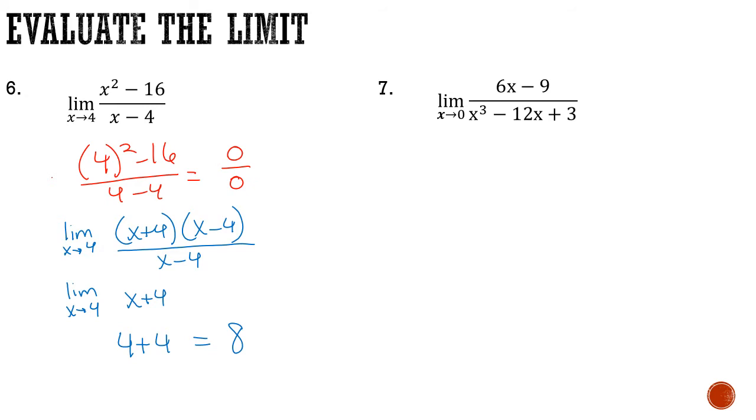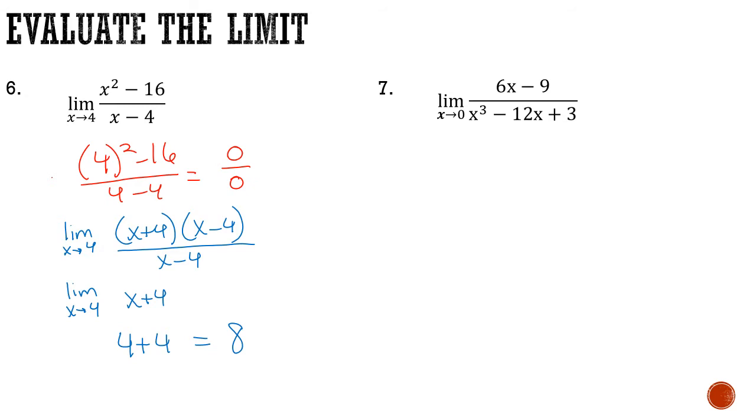Number 7. I would always try to glance at it before starting to factor and see, can I just plug in this x value? So I have x approaching 0. Look to see if I plug 0 in the numerator, am I going to get 0? And if I plug 0 in the denominator, am I going to get 0? Because that tells me I need to do more work like I did here in blue.